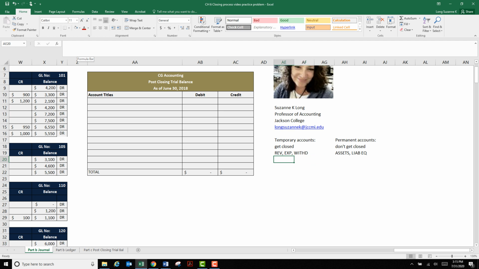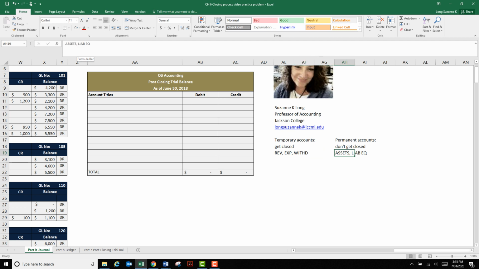So remember, we've got 6 kinds of accounts. You could think of that 6 T's sheet. I hope you have your 6 T's sheet out right in front of you right now. These are the temporary ones. These are the permanent ones. Temporary ones get closed. Revenue and expense convert into net income and become capital. Withdrawals becomes part of capital.